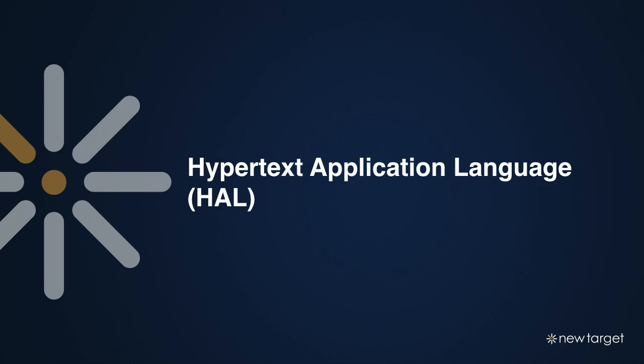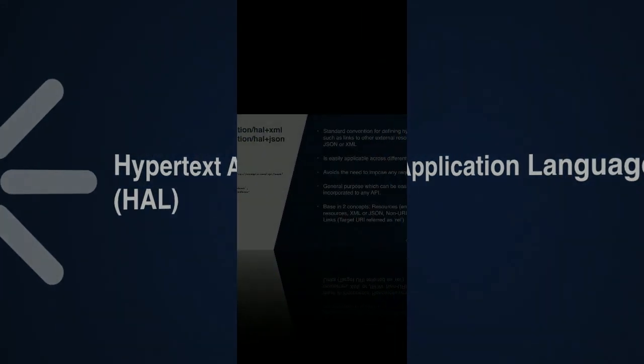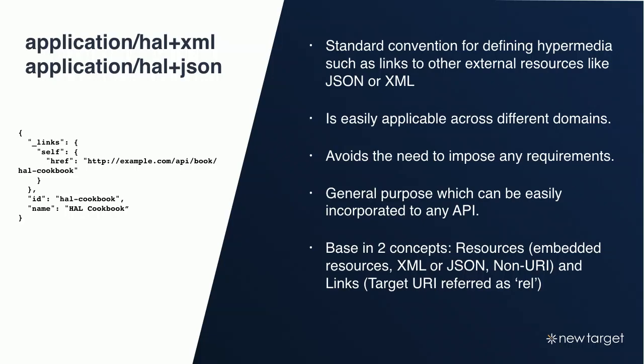A REST response can be HAL XML or it can be HAL JSON. So you can choose between both of them. You can return a response that is going to be XML or return a response that is going to be JSON. Okay? There is a standard convention for defining hypermedia, like links and other resources, like JSON.